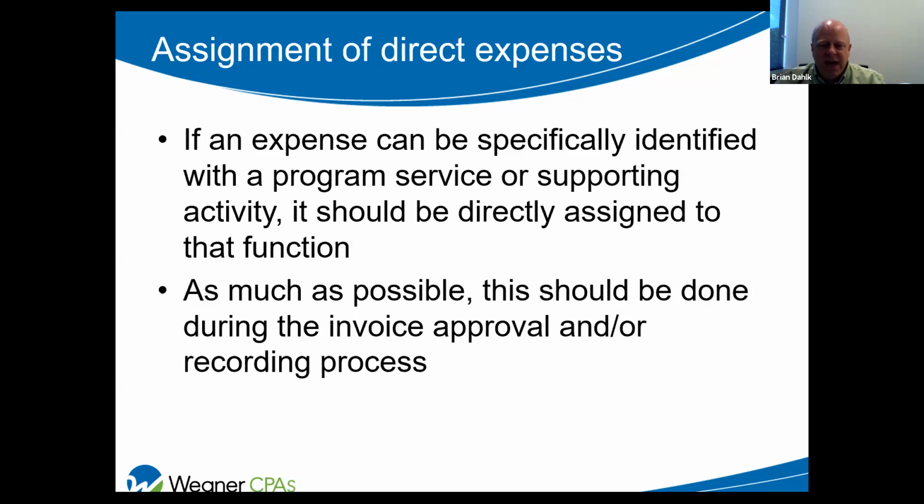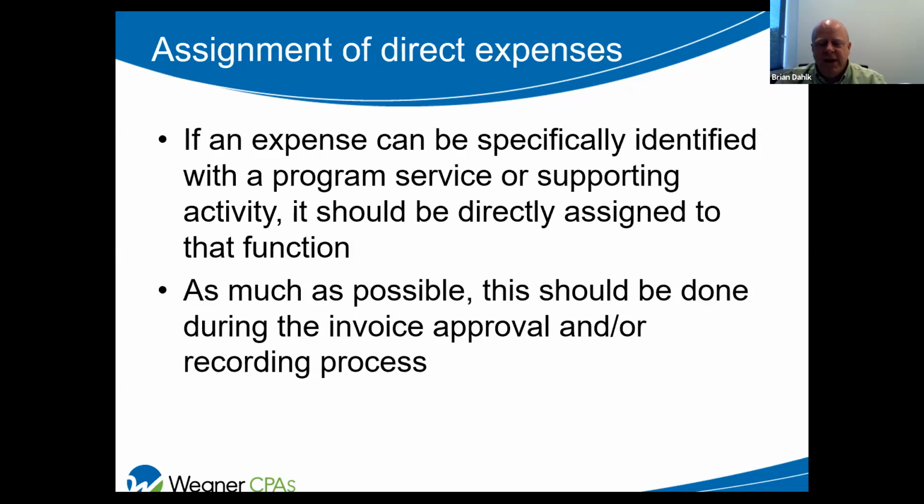If you can assign that particular cost to a particular function, that's great. The more you can do that, the less you have of indirect costs left over that need to be allocated.